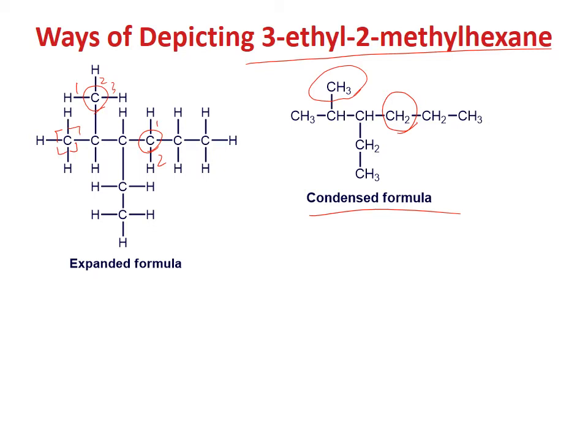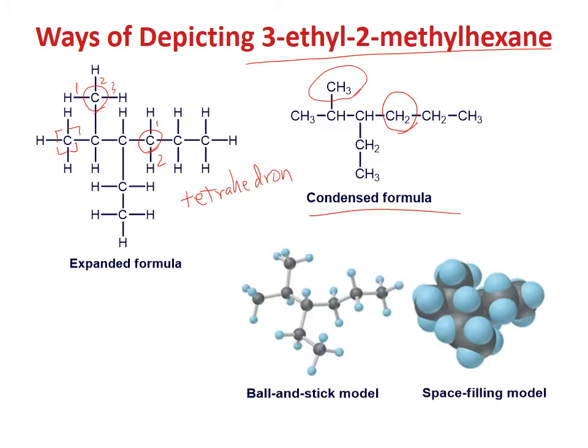In reality, are those bonds 90 degrees? The answer is no. In fact, it's called tetrahedron geometry, and this is better represented in a ball and stick model.